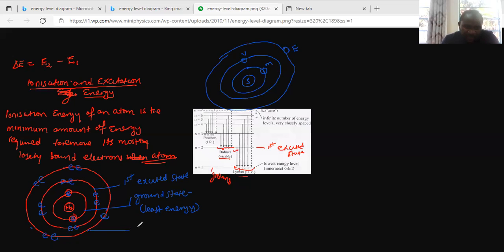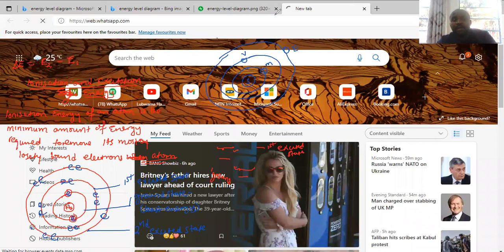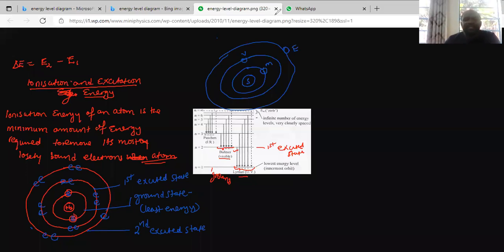Then this third one is what we call the second excited state. Now, in those orbits, higher energy electrons can make transitions from there to come and fill a vacancy that can be left. But now, as you look at those different energy levels, when you draw them in the form of straight lines, this is how they look.